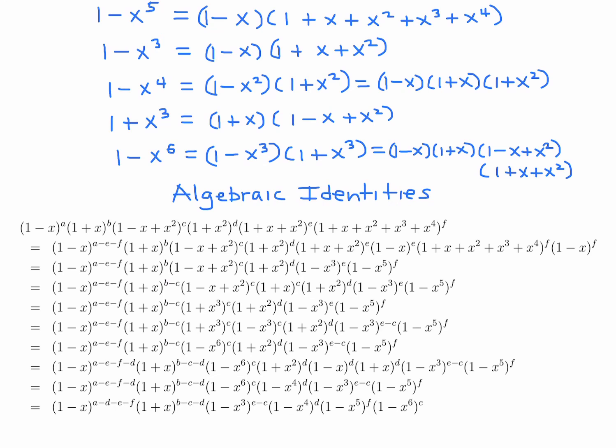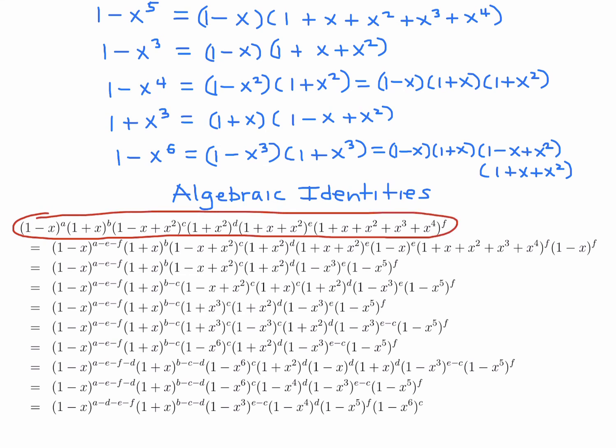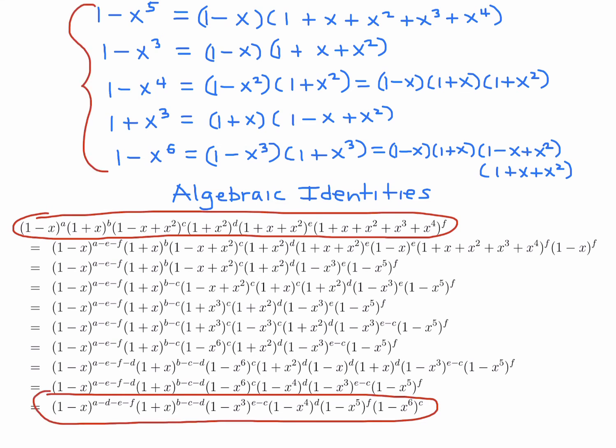I encourage you to go through these steps and figure out how we went from the initial given equation all the way to the bottom, which is right here. Basically, you take these algebraic identities and start subbing them in and then collecting like terms, and you will be able to get to this final step.